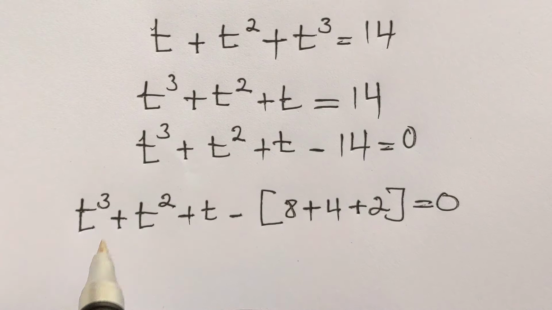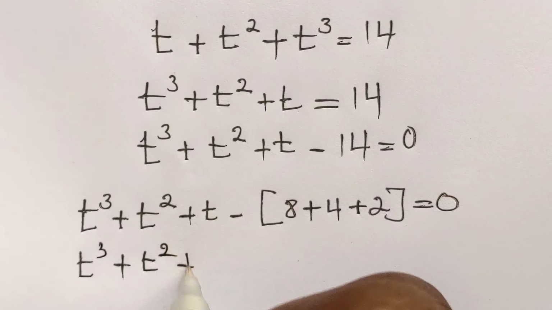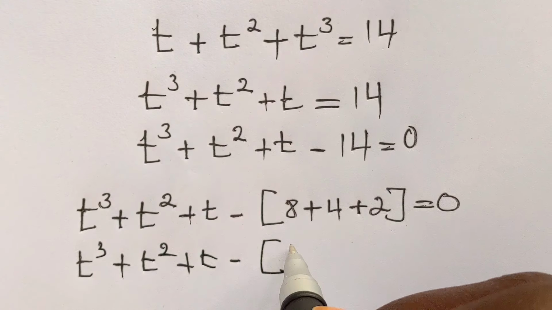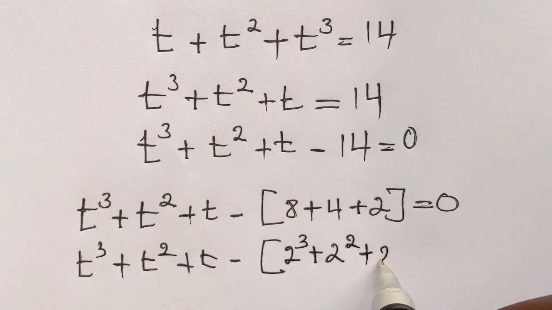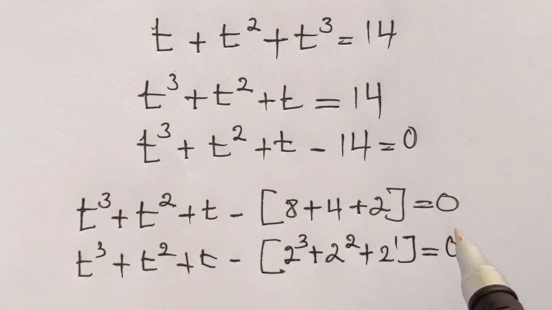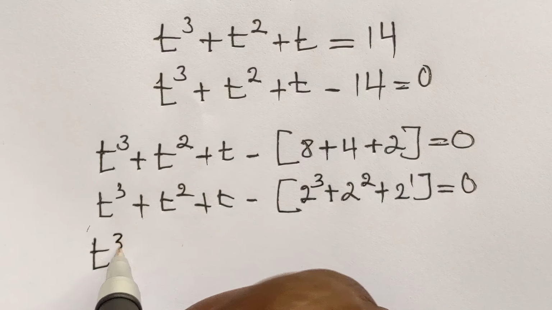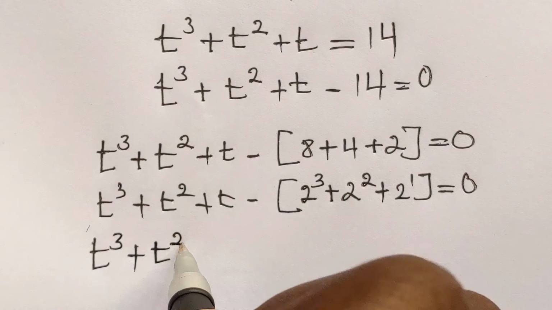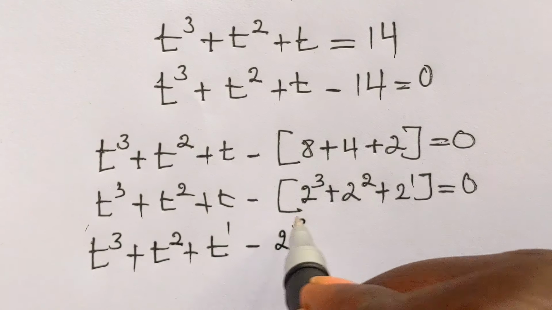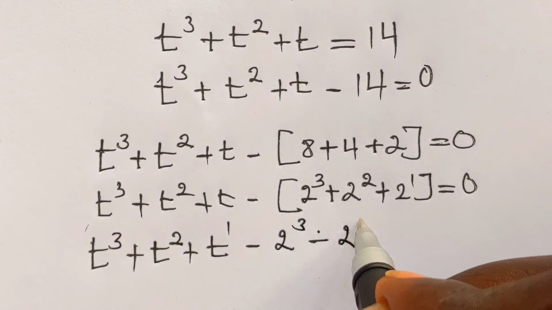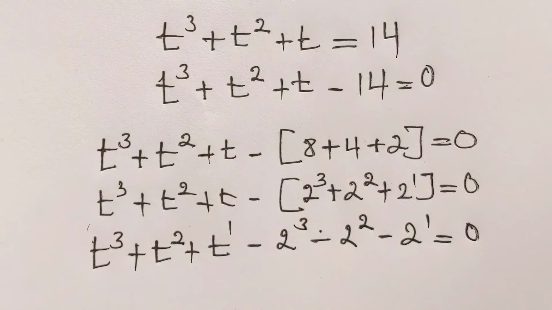And here we shall say t power 3 plus t squared plus t minus (2 power 3 plus 2 squared plus 2 power 1) is equal to 0. Then t power 3 plus t squared plus t power 1 minus 2 power 3 minus 2 squared minus 2 power 1 will be 0.